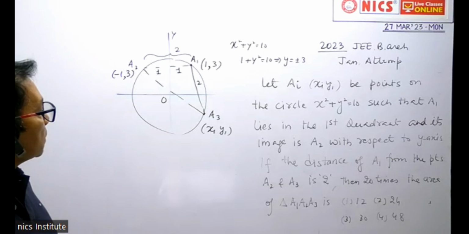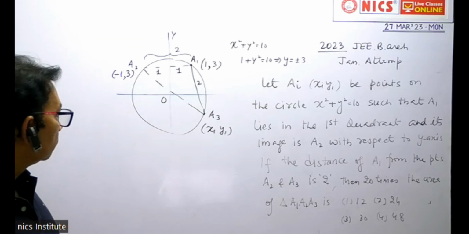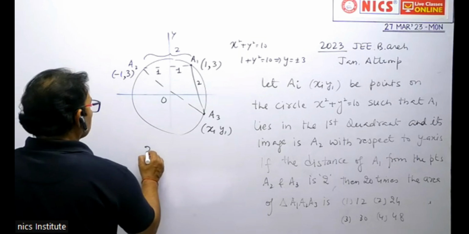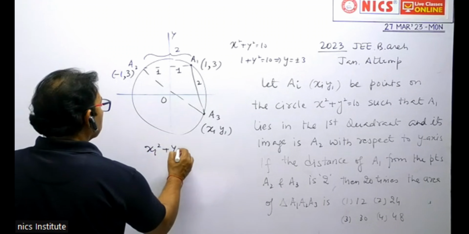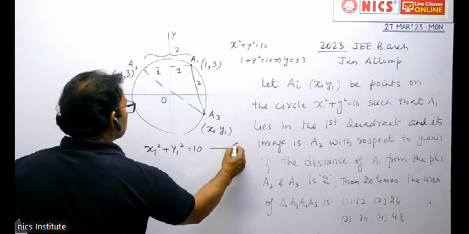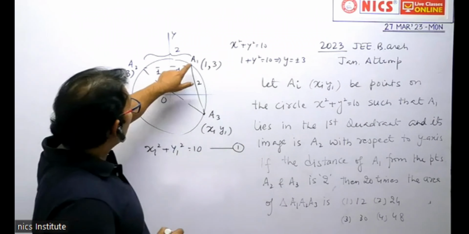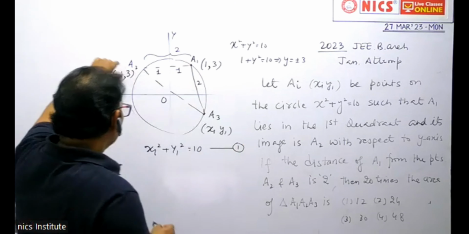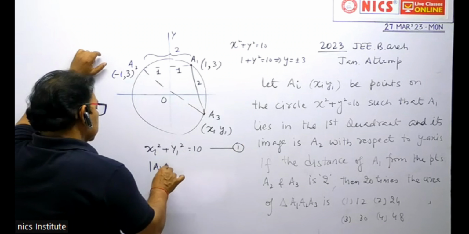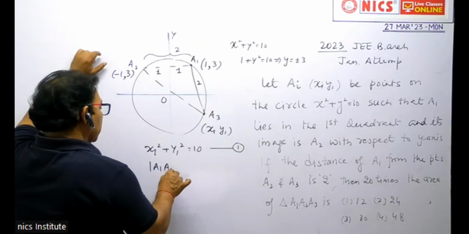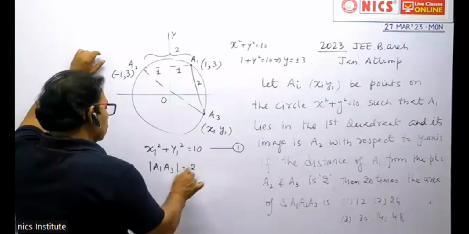So how would you go about this? x1, y1 lies on the boundary of the circle. That means x1 square plus y1 square would satisfy the equation of the circle. Also, the distance A1, A3 is 2. We can use this also.